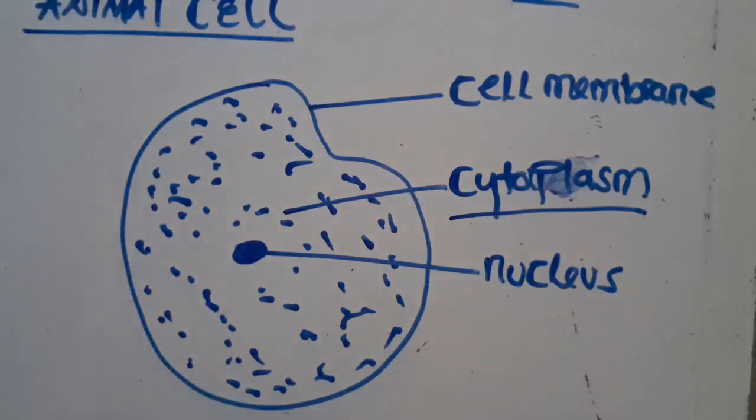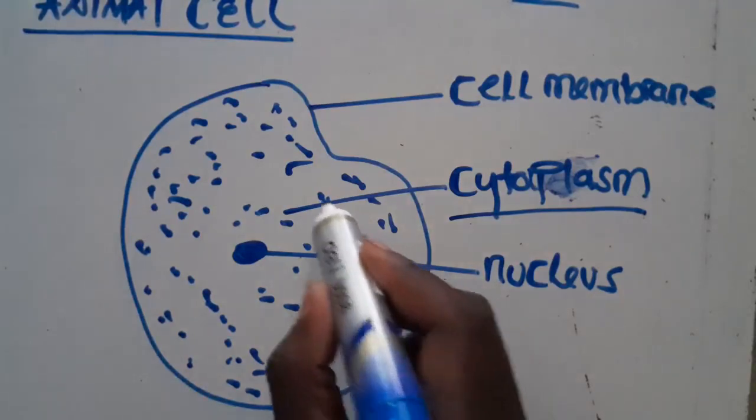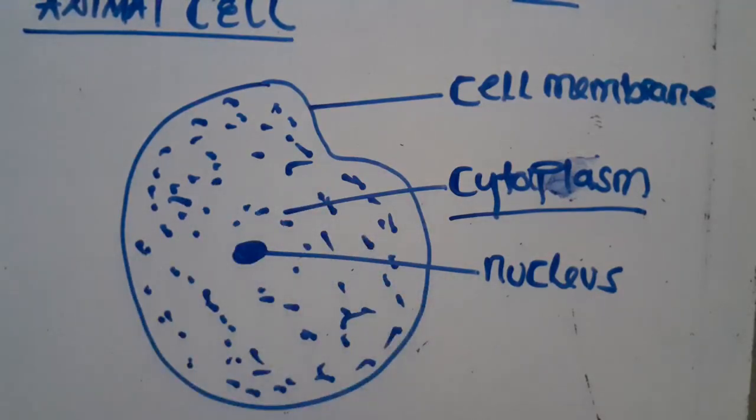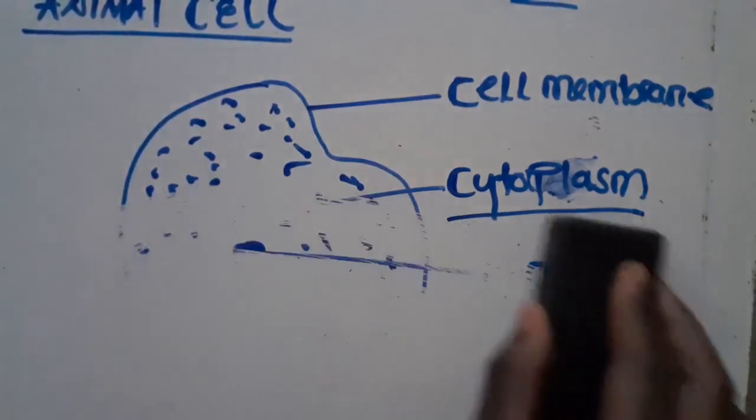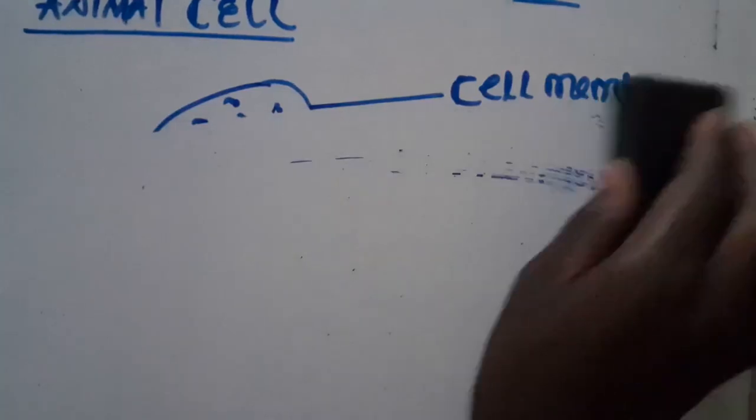There are so many parts that are hidden inside the cytoplasm. So that's what we are going to discuss today: the detailed structure of an animal cell, and exactly where these parts I've mentioned are located.